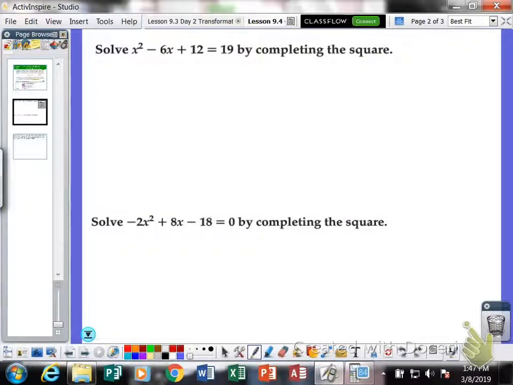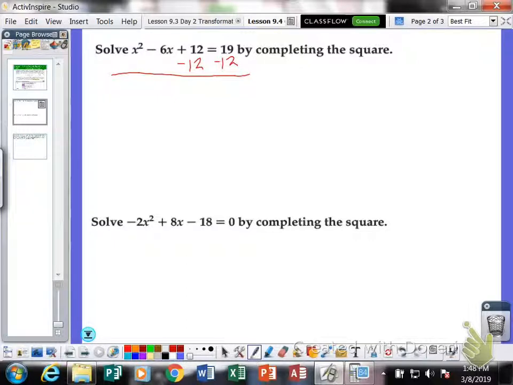Solve x squared minus 6x plus 12 equal to 19 by completing the square. We need to be able to solve this, and the only way to do that is by completing the square. The first thing I have to do is remove the 12, because I need to make a perfect trinomial.